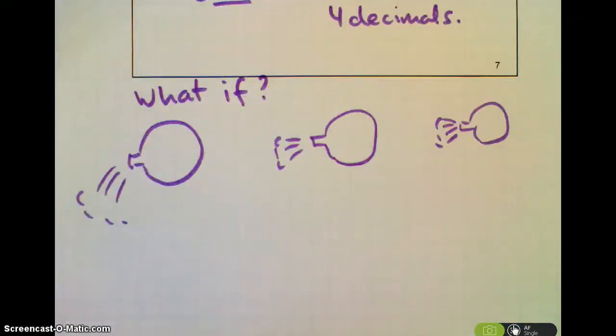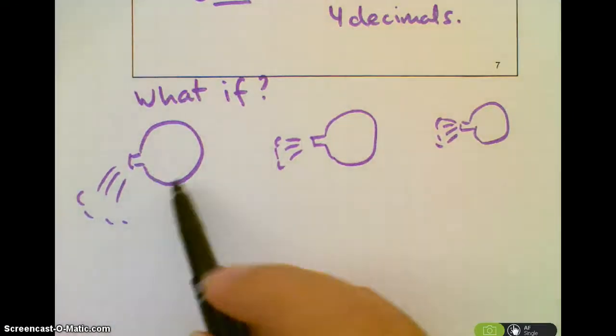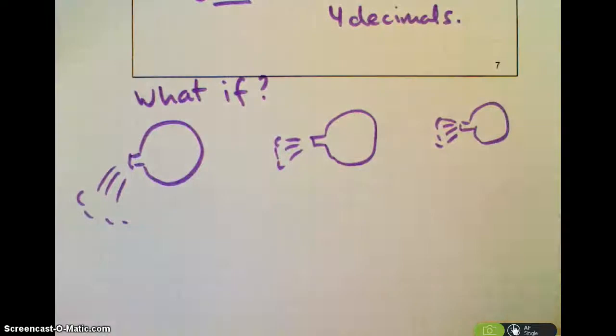How would the problem change if instead of inflating a spherical balloon, you happen to be done with inflating it, and then it escapes your mouth, and it starts deflating on its own until it's completely flat? How would the problem change?